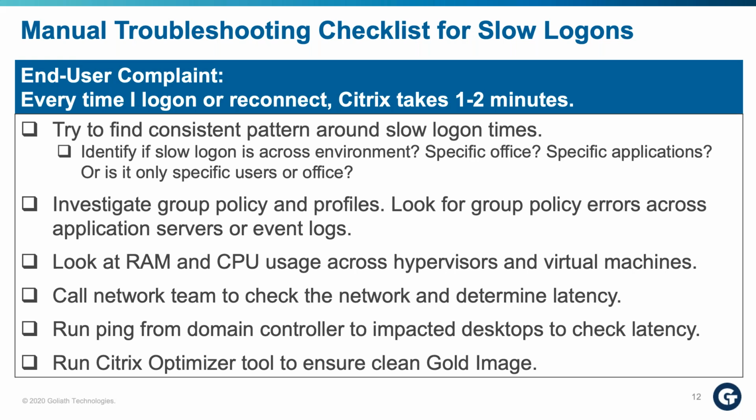If the user is a member of this group, map this printer, wait 30 seconds. It did that for 29 printers. So every time you logged on, even if you were not a member of any of those groups, you sat there and it tested and you waited 30 seconds 29 times.